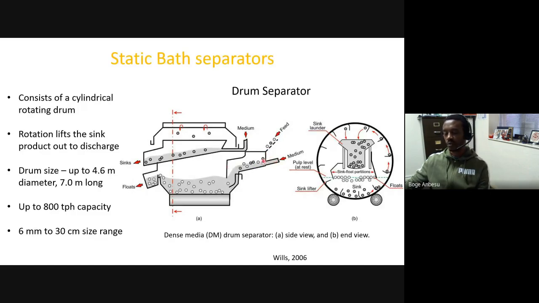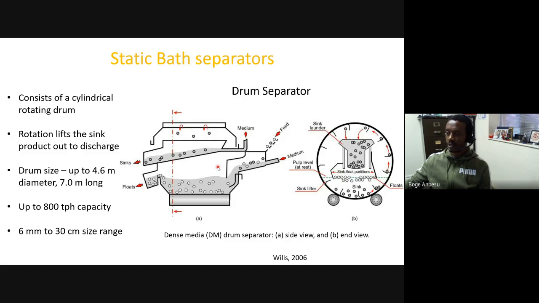Obviously this is a continuously operating separator. As you feed the particles into the drum, this drum is allowed to constantly rotate. So it's not static as such. When you say static, we're not applying centrifugation or anything like that. It's just a rotation that's applied to this bath or to this separator.